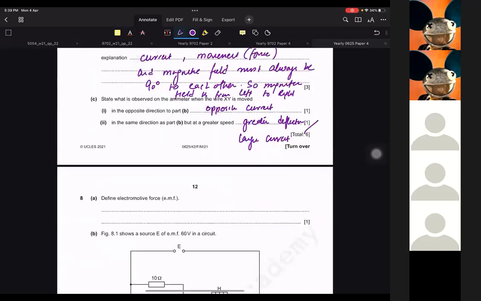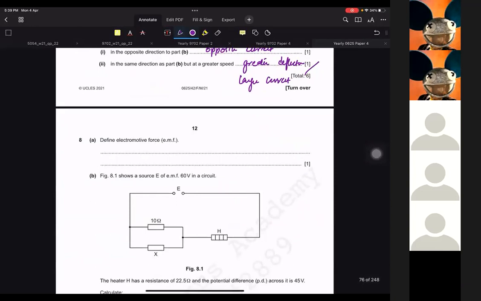Then it says define EMF, and you remember that EMF is energy or work done per unit charge. So that would be your first thing. Then what you do is driving a unit charge round a complete circuit. That's what you've got to do.